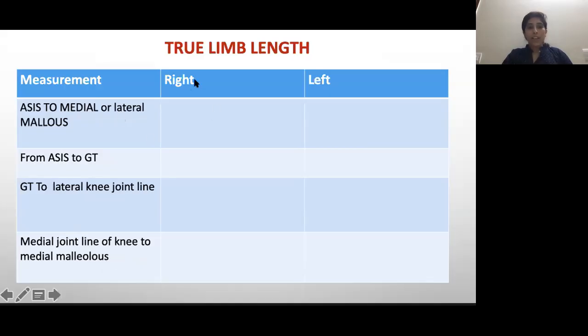In this way, both the right and left sides will be measured and the measurements recorded.